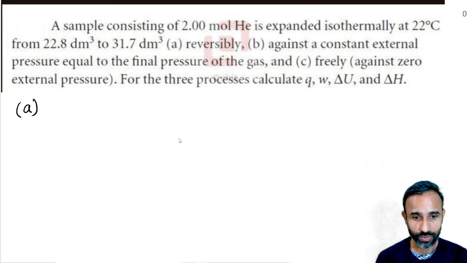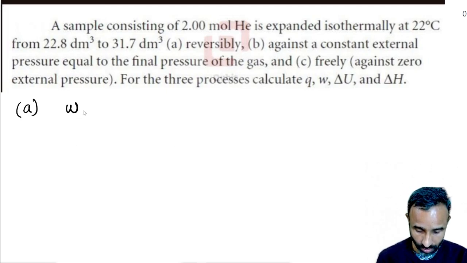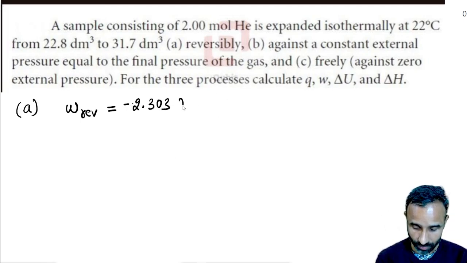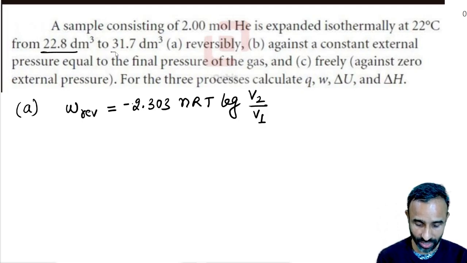reversible. So you know, in a reversible process, what is work done? Minus 2.303 nRT log V2 by V1, because volumes are given.